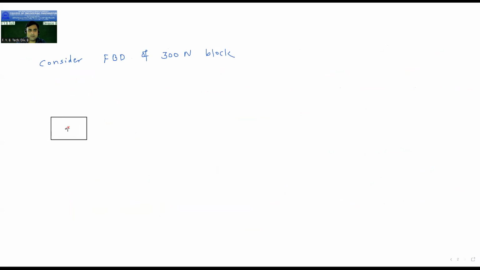Weight is acting vertically downwards. Here is the tension in the string, T. Weight is 300 Newton. And the direction of motion of this block is upward. This is the direction of the motion. So the inertia force will be in which direction?